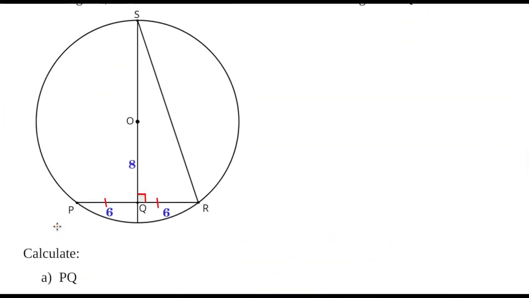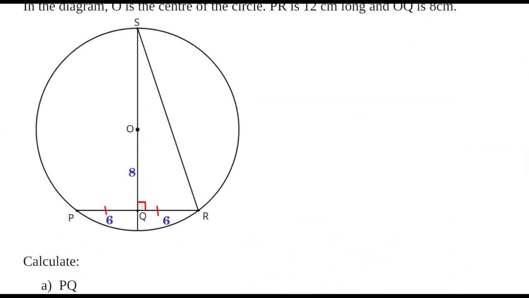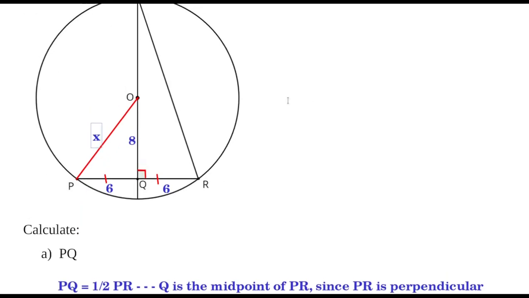Next question, OP. It's this one here. Another hypotenuse squared. The hypotenuse squared is equal to the sum of the squares of the other two sides, 6 squared plus 8 squared.